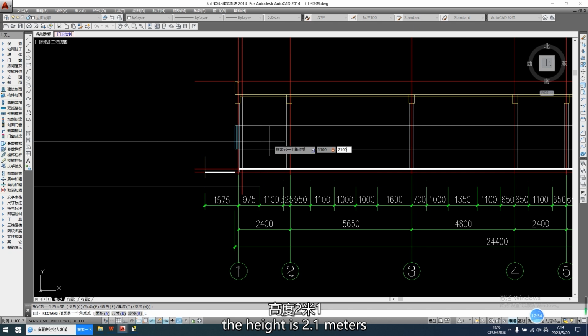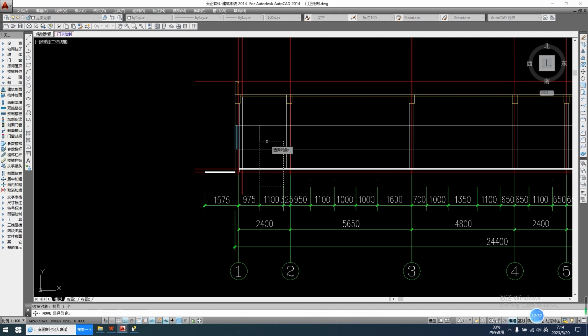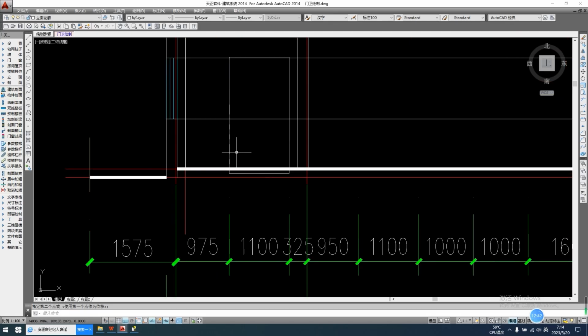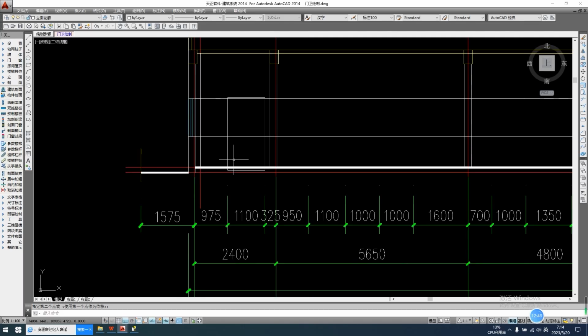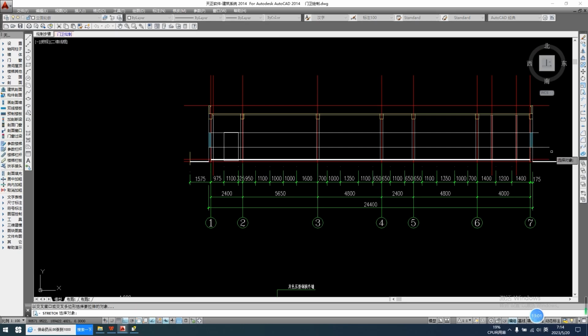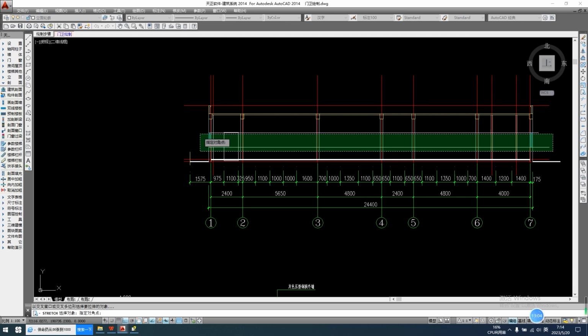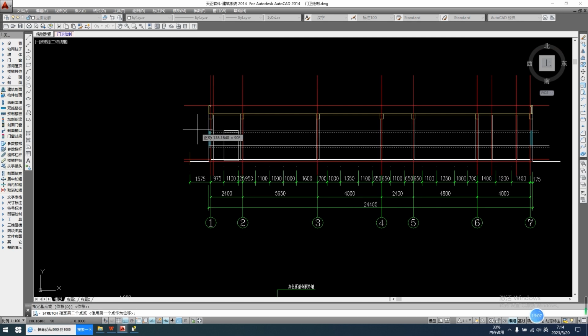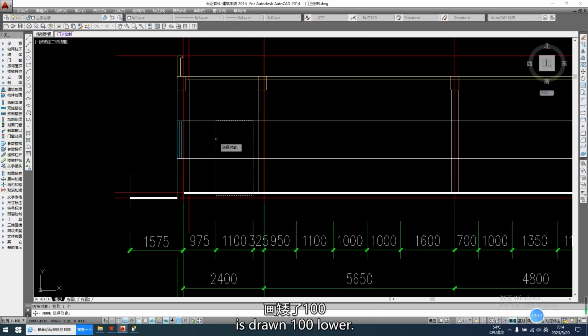The height is 2.1 meters. The windowsill height is drawn 100 lower.